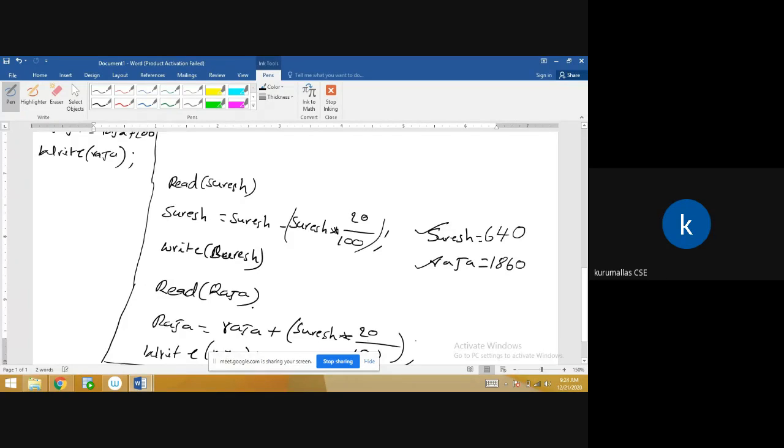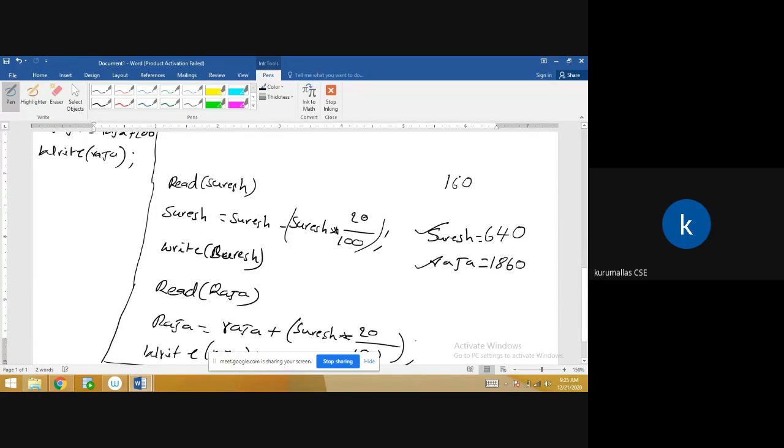If you understand here, in transaction T1, 200 rupees are reduced and added to Raja's account. Whereas in the case of the T2 transaction, we have to understand the logic. Transaction T2 transfers 20 percent of the balance from Suresh's account to Raja's account. Once you apply 20 percent of 800, how much do we get? 160 rupees.